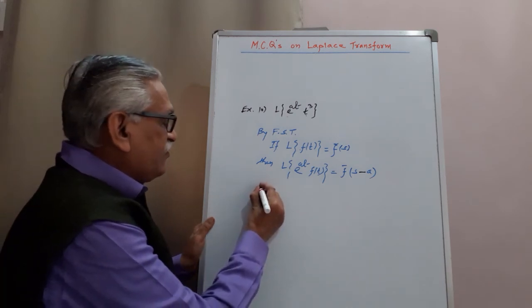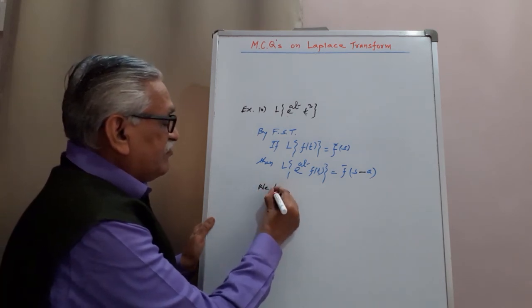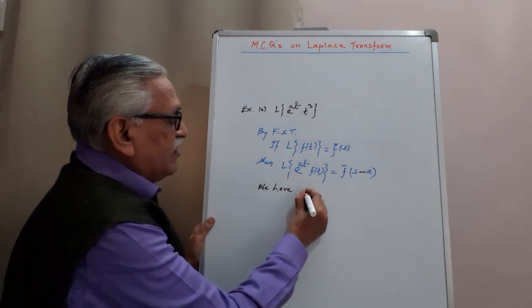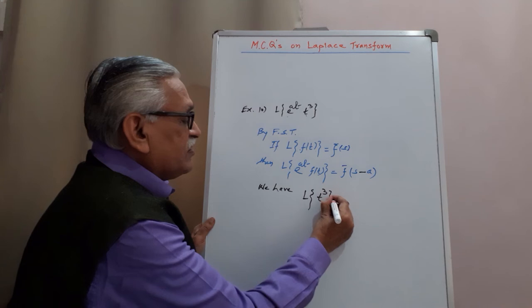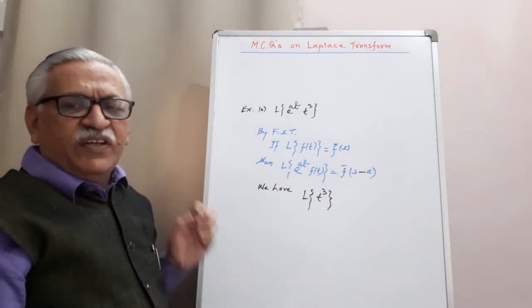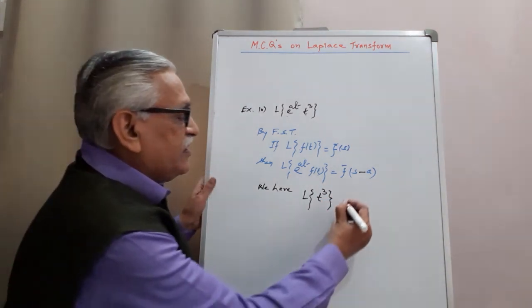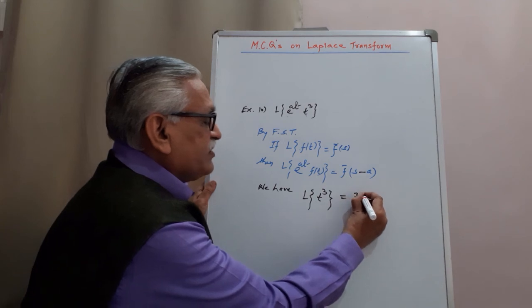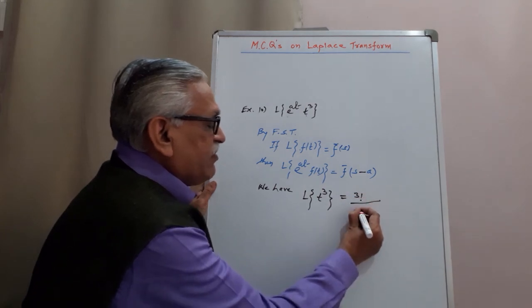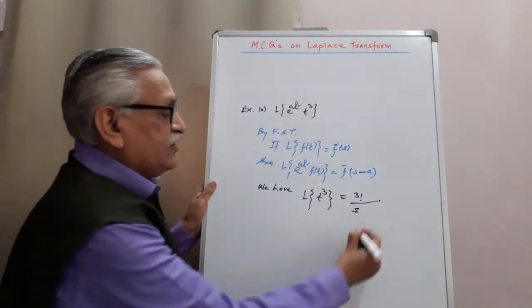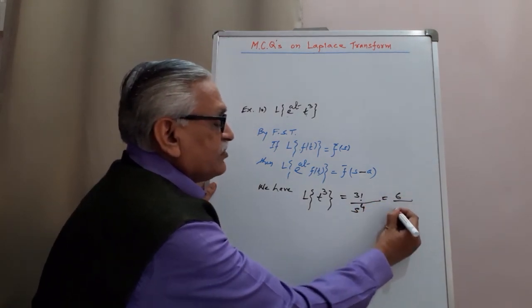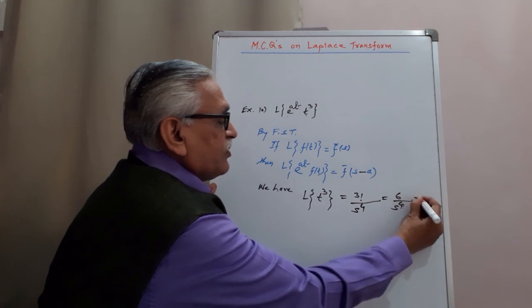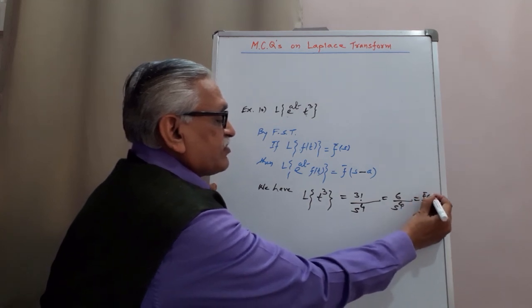And here we have Laplace transform of t cube, t raised to n with n as 3, a positive integer, and therefore as per that formula it is n factorial, 3 factorial, divided by s raised to 3 plus 1, we get s raised to 4. It is 6 upon s raised to 4. We call this f bar of s.